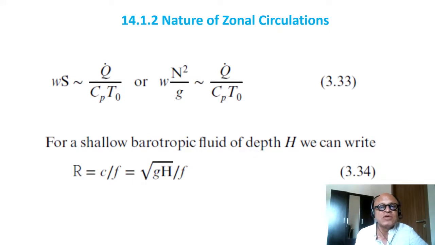So to deal with that conundrum, we had gone through the weak temperature gradient assumption, which simplified the thermodynamic equation in the third chapter. You can go back and revise it. Basically, we said if the diabatic heating can be balanced by vertical adiabatic heating and cooling terms, then we could actually allow baroclinic processes at the 10 to the 6 meter scale.